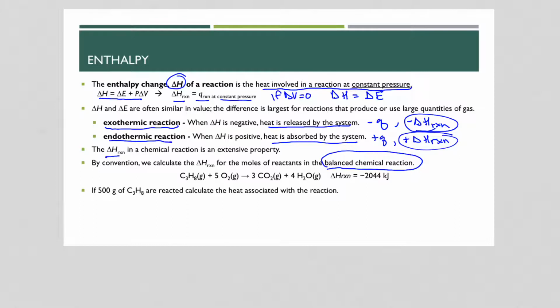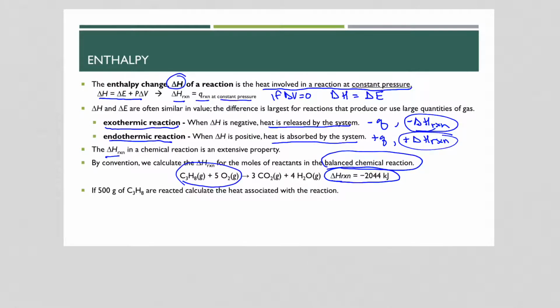For this change, 2,044 kilojoules is released. In this case, that is the amount released for every 1 mole of propane burned. Now, if you have a reaction where the coefficient is 2 here, then it would be the amount for every 2 moles or 3 moles or whatever the coefficients are. So this is the amount released for this reaction.